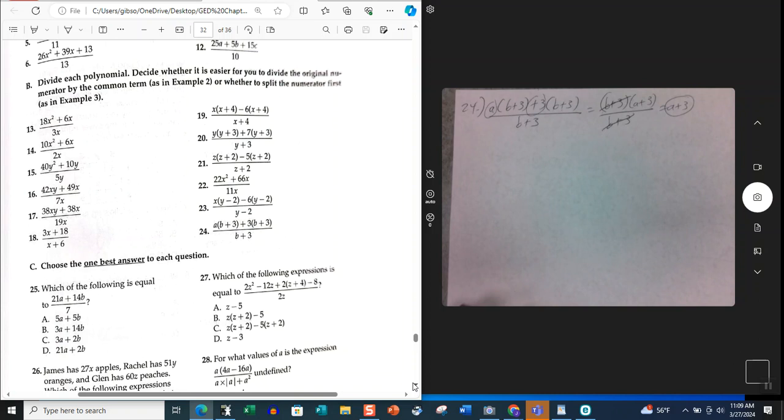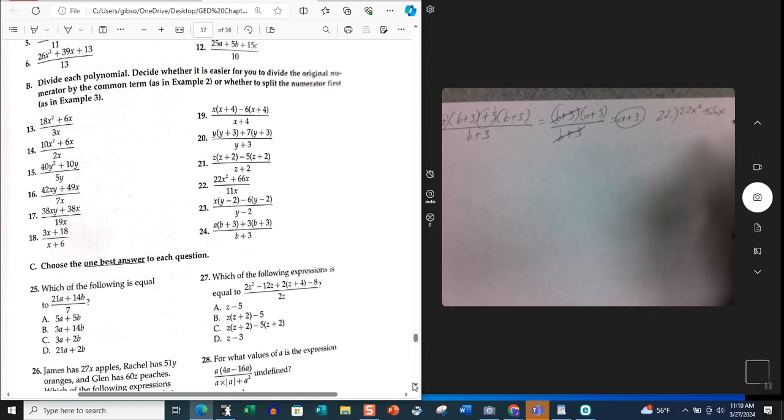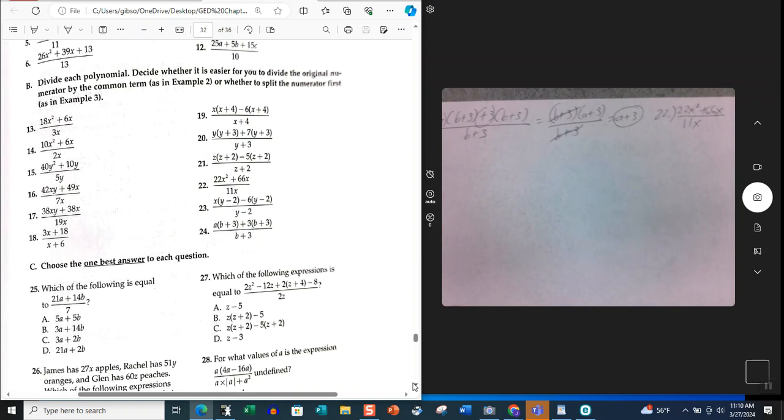Now I said I would come back and also do problem 22. So let me do 22. We have 22x squared plus 66x all over 11x. Now what we would do here is take out the greatest common factor.